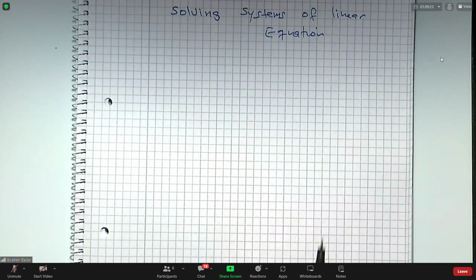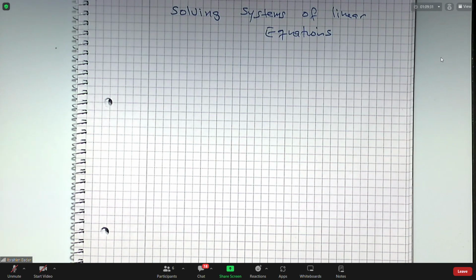You know that for a 2x2 system, it's pretty straightforward, and you have methods like substitution and also elimination.